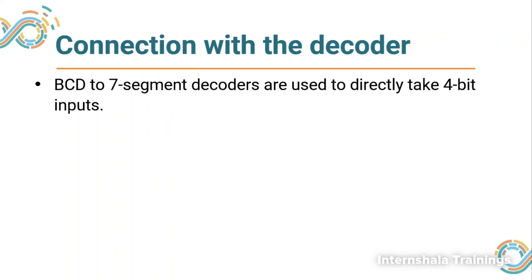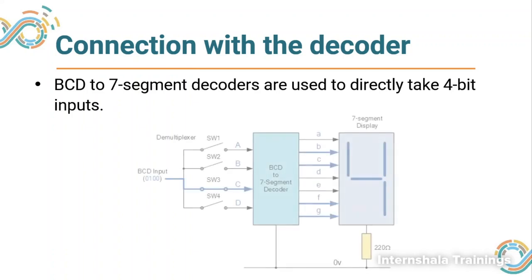They are going to convert your 4-bit input into 7-bit output. So if you give the input, let us say 0100, that means 4, this decoder, which is made of all the logic gates required to convert your 4-bit number into 7-bit number, is going to give the output which will enable only the 4 LEDs which are required to glow the pattern 4.